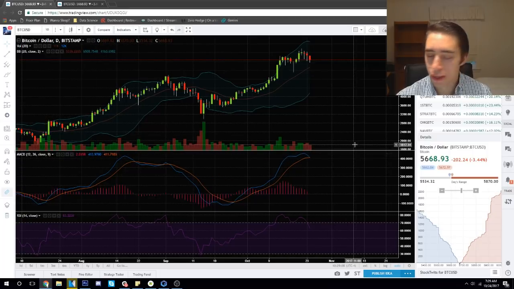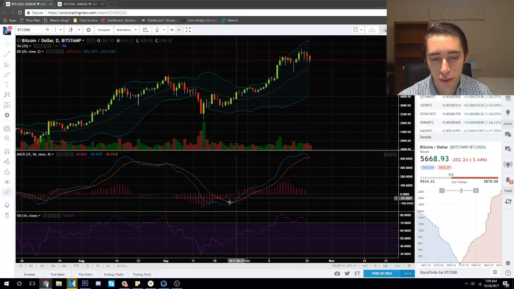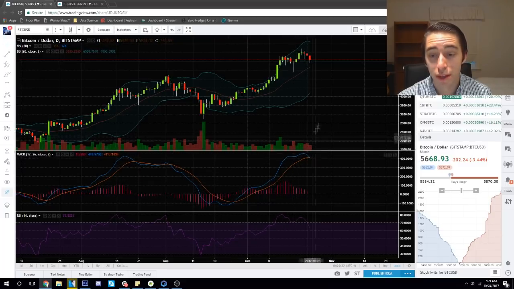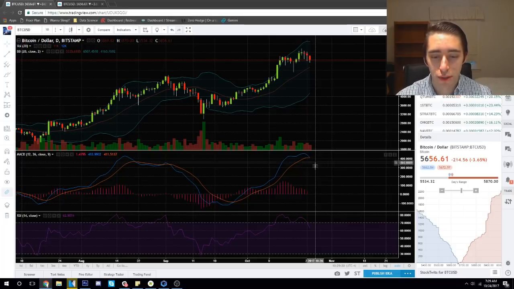Down here in the MACD, I'm getting the same exact signal. The MACD has MACD crosses. When, in this case, the blue line crosses over the orange line, this is indicating a positive MACD cross. The opposite goes for when the blue line is well overextended and is starting to cross through the orange line. Again, no guarantee that we're in a bear market, but definitely settling in a bearish tone.